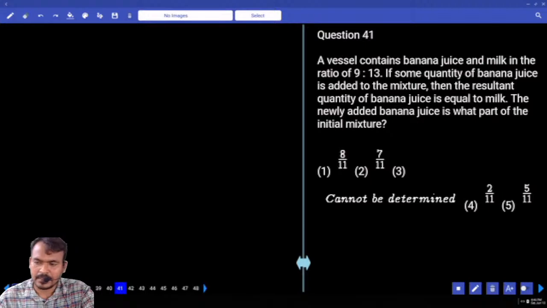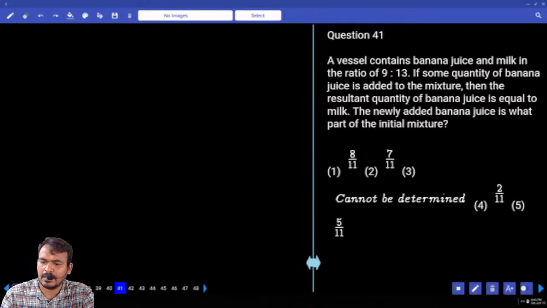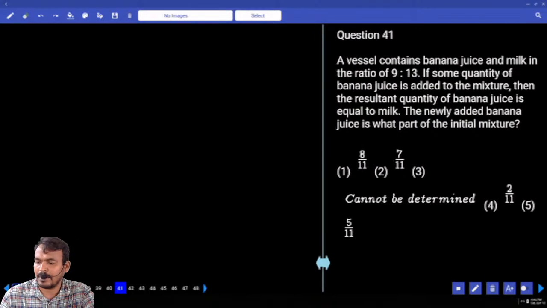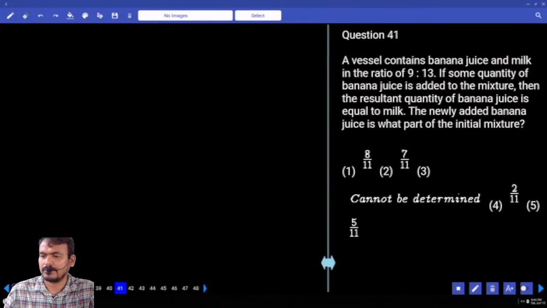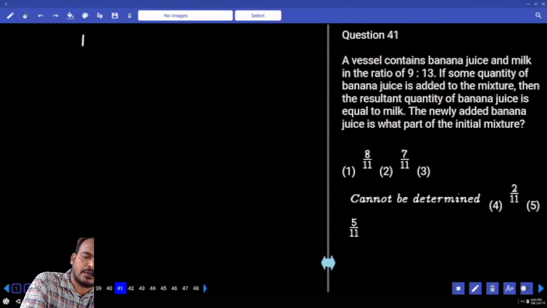A vessel contains banana juice and milk in the ratio 9:13. If some quantity of banana juice is added to the mixture, then the resultant quantity of banana juice is equal to the milk. The newly added banana juice is what part of the initial mixture? In the initial mixture, banana is how many parts? 9 parts.